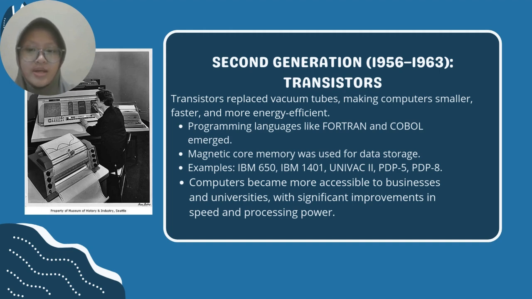Magnetic core memory was used for data storage, and notable computers include the IBM 650, IBM 1401, UNIVAC 2, and the PDP series. This advancement made computers more accessible to business and universities, with major improvements in speed and processing power.